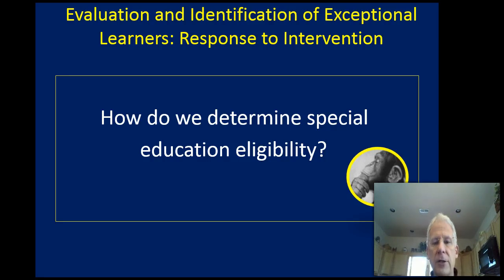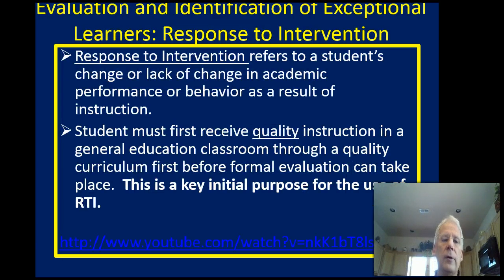And as a classroom teacher, this is real critical work for you, because the work prior to being placed in special education falls really on the classroom teacher. So, response to intervention, RTI, refers to students' change or lack of change in academic performance, again, or behavior as a result of instruction.